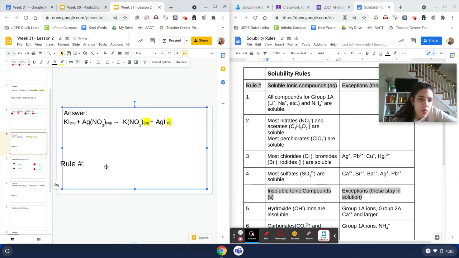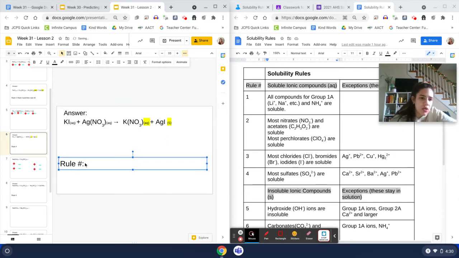And we can say that we used rules number 1, 2, and 3 to determine the states of matter of the products.